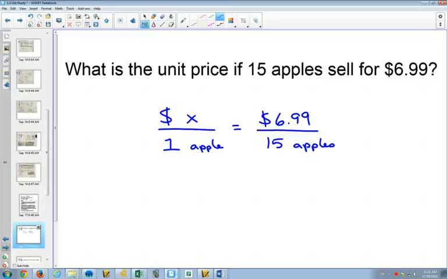The nice thing about unit price is that often you want to find it per one. If you're trying to find it per one apple, all you have to do is take $6.99 and divide it by 15.